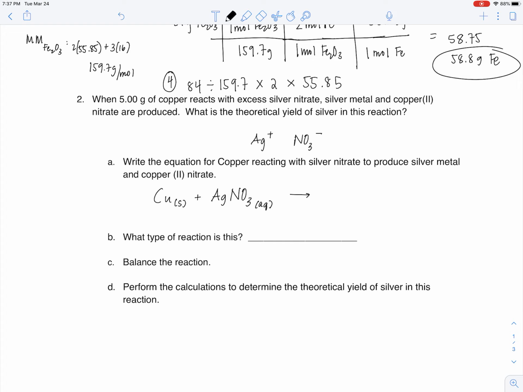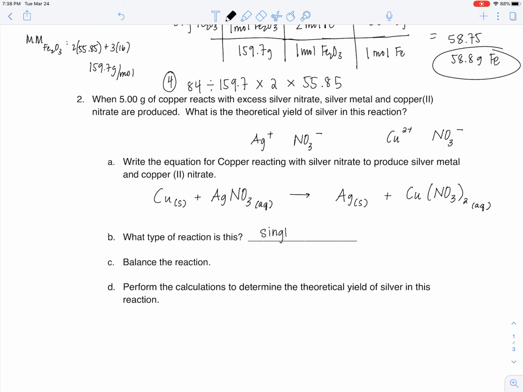Then copper is more active than silver, so it can push it out of the compound, and what we get is silver metal plus copper(II) nitrate, Cu(NO3)2, because copper is a 2+ charge and NO3 is a -1 charge, so we have to use a little subscript there. And this is aqueous. So the copper has dissolved into solution and silver has precipitated out of solution.